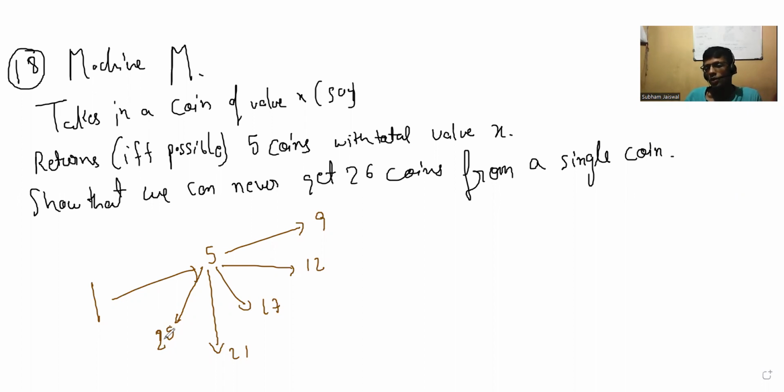We need to show that sometimes you cannot get these also, like if all of them are 1 rupee coins, then you cannot move at all. But even if you allow everything, that's why we're saying in any coinage system, in any coin you start with, you cannot get the number 26.